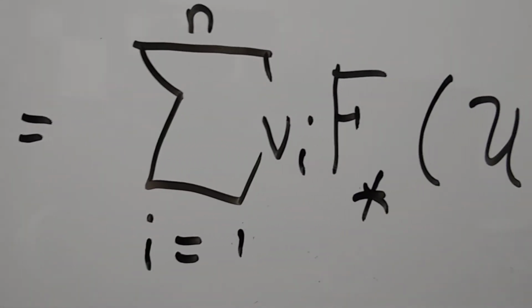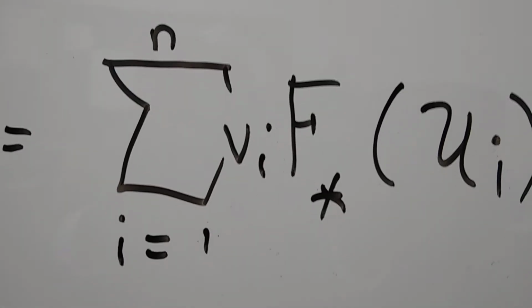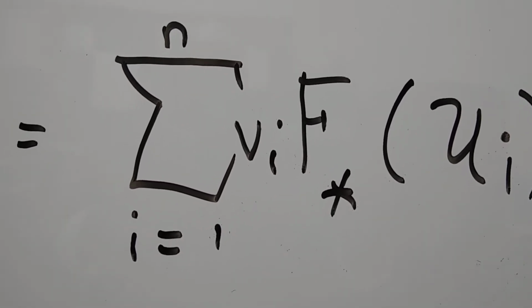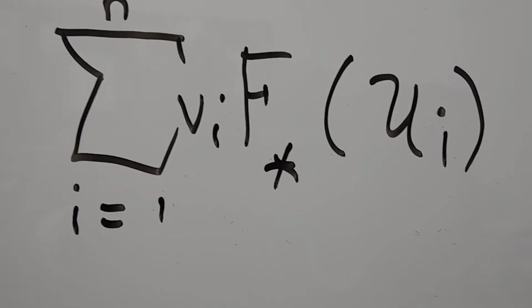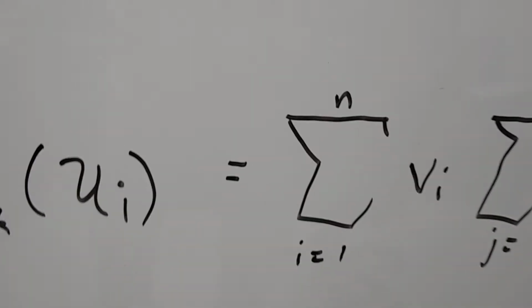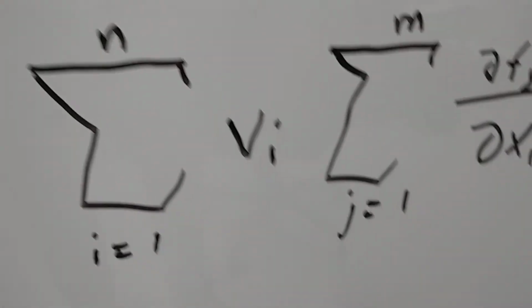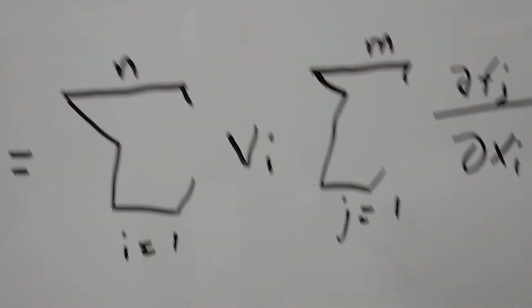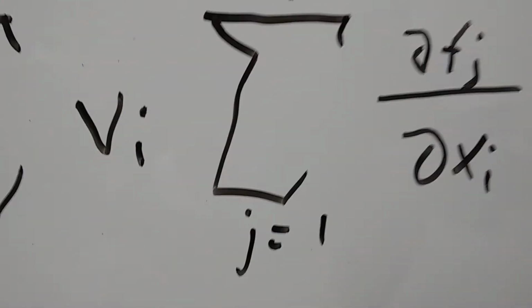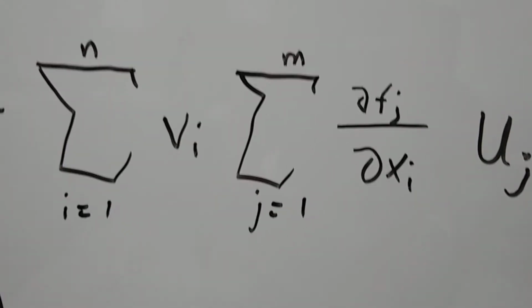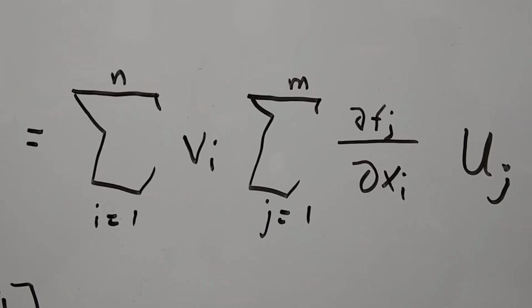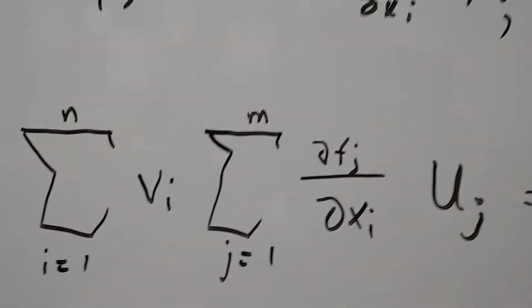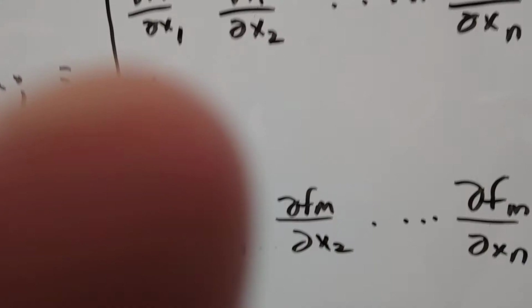And since the tangent map is a linear mapping, it's just going to be the summation, i going from 1 to n, of v sub i f star u sub i. But if you recall correctly, f star u sub i is just going to be the partial of f sub j with respect to x sub i, where j goes from 1 to m, times u sub j. But then we can write all this in matrix notation, since I have i's and j's.